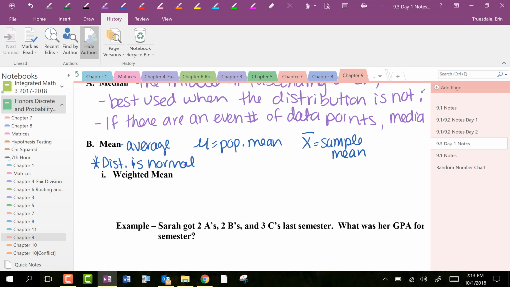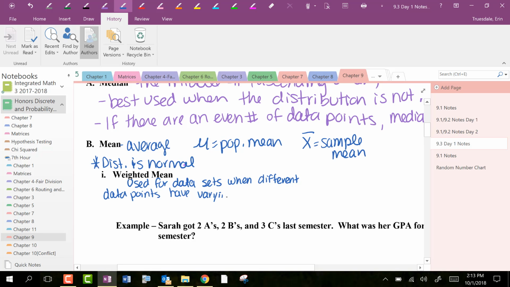Okay, a weighted mean we don't see very often, but this is used for data sets when different data points have varying levels of importance.